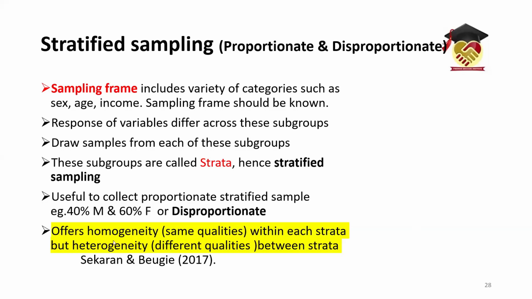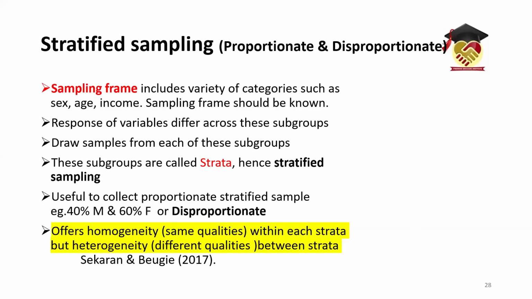So here, this is very important, according to Sekaran and Bougie: in the same stratum, the same qualities. So you have two strata, male and female. Within the male group, almost all the characteristics of the males are the same, and within the female group, almost all are the same. What if you have male and female in the same stratum?